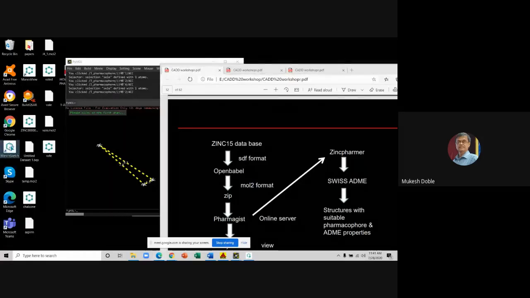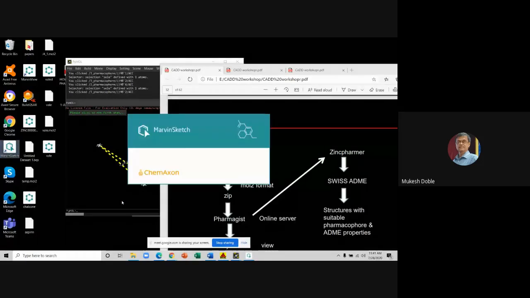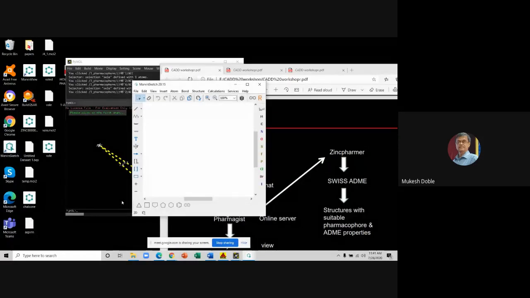Marvin Sketch. This is free software. Here we can draw a totally new structure. So as a chemist, you have designed a new structure, and Zinc does not have that structure. So I can draw that structure, and later on I can get the 3-dimensional confirmation of it.